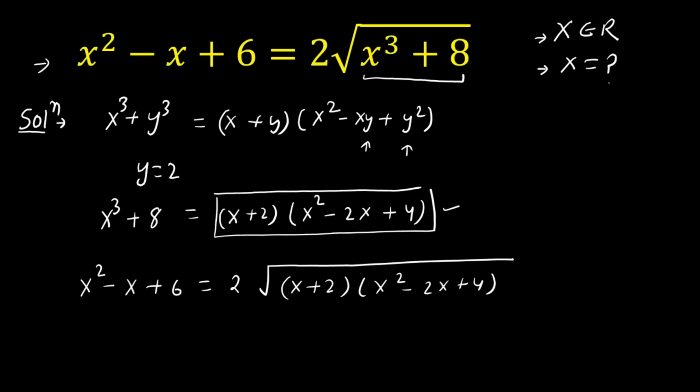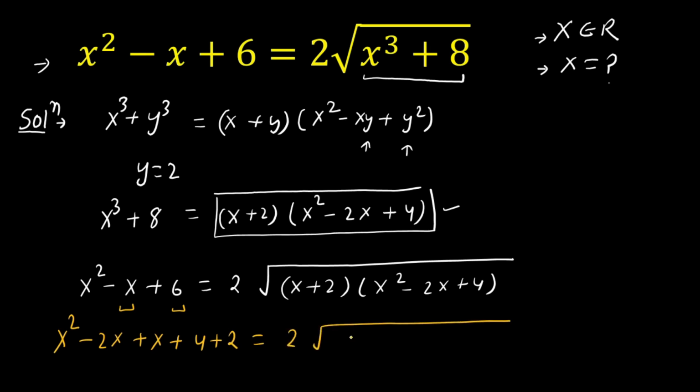Look carefully at the left-hand side: −x is the same as −2x + x, and 6 is the same as 4 + 2. So the left-hand side becomes x² − 2x + 4 + x + 2.